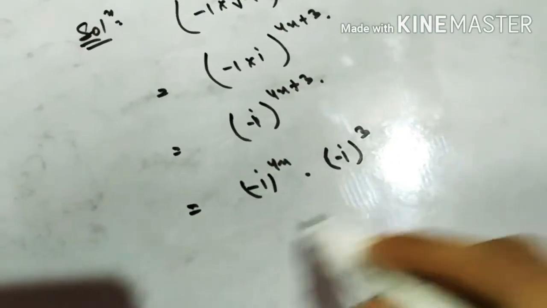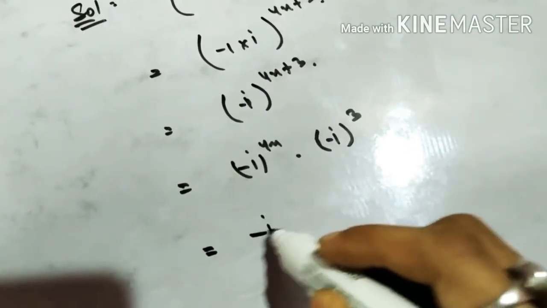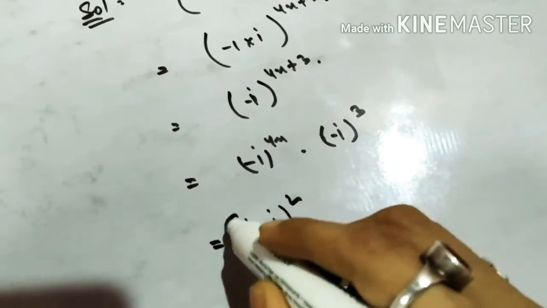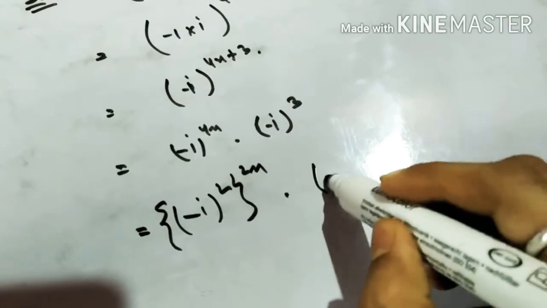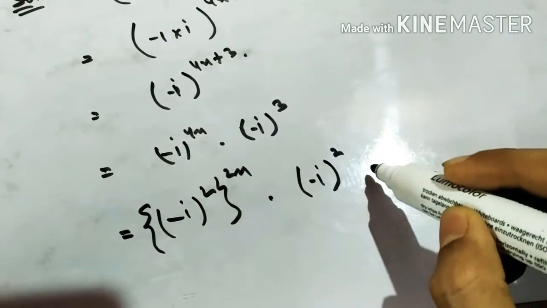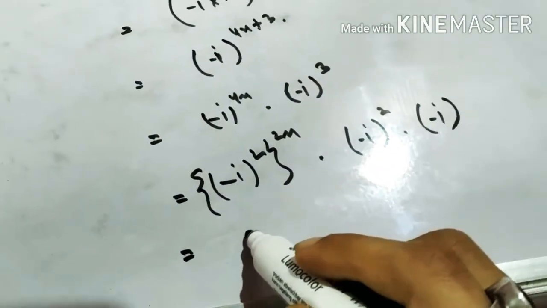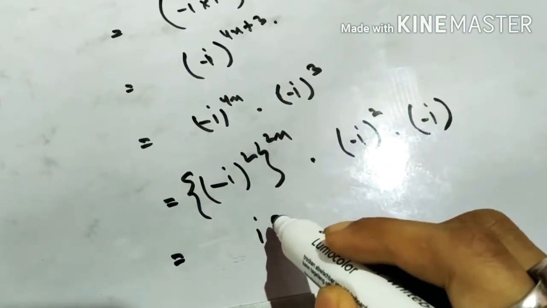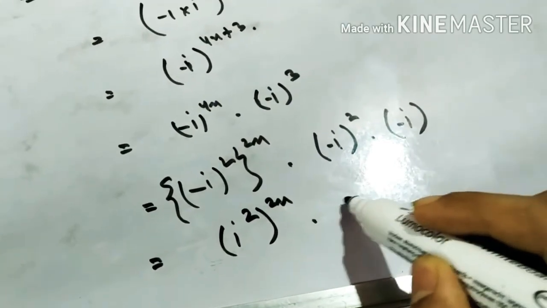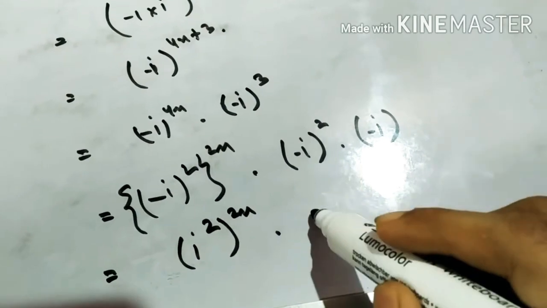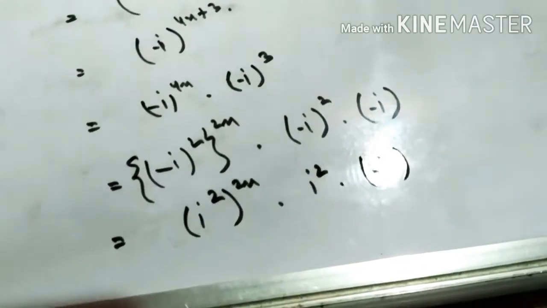So this I can write as minus i to the whole power 2 to the whole power twice n into minus i to the whole power 2 into minus i. So this will become i square to the whole power twice n into i square into minus i.